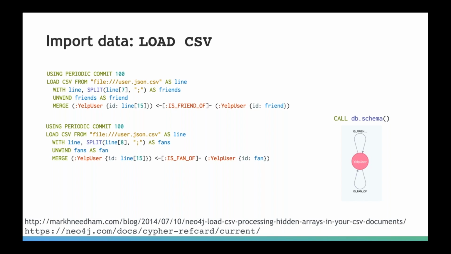So after I've run these 3 statements, I actually have a data model. And you see it on the right-hand side. Without having created anything such as a schema in the database, I have actually created it through my data. And I see here that I have a Yelp user, and a Yelp user can be a fan of a Yelp user, and a Yelp user can be a friend of a Yelp user.